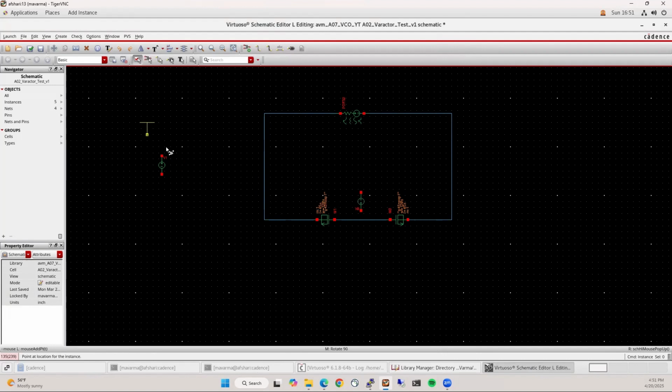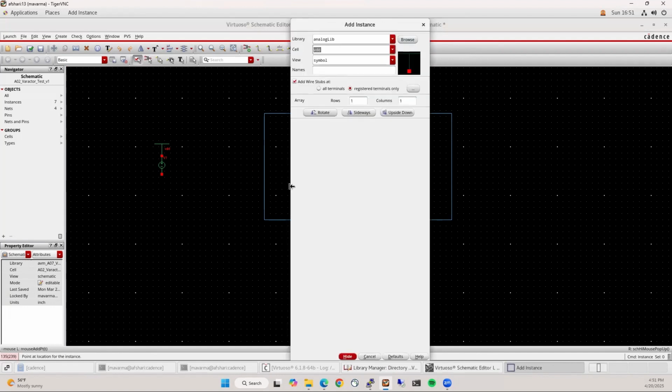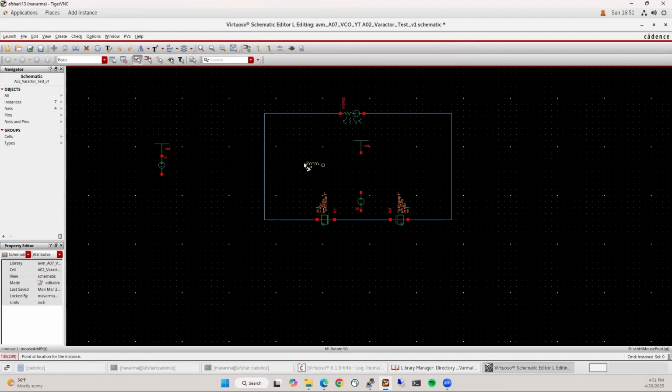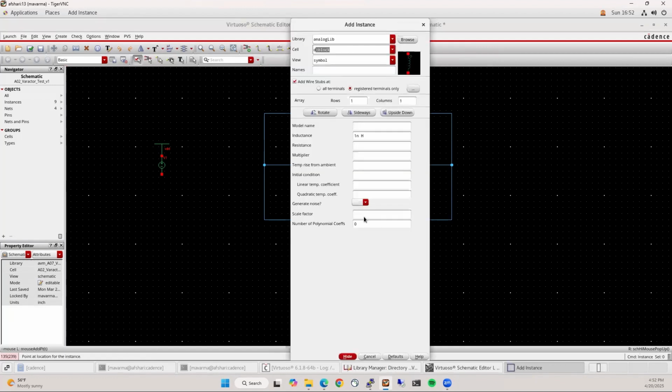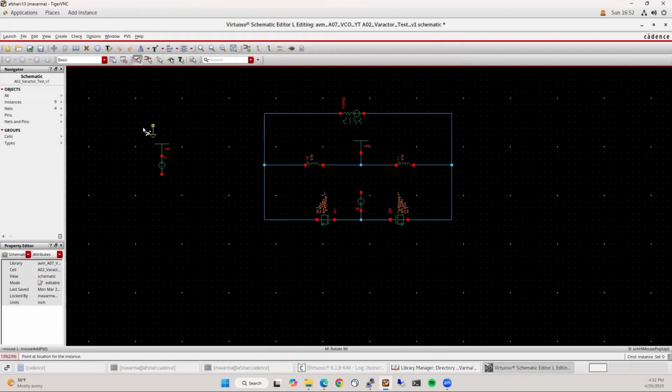Need the VDD. Put one VDD here. And we also need inductors. So I'm placing these inductors so that the bias voltage is the same as what we will have when we have our actual oscillator, right? Because the oscillator is biased at VDD. And ground.